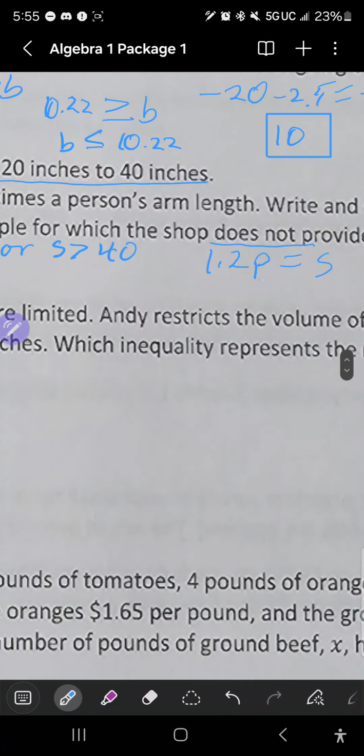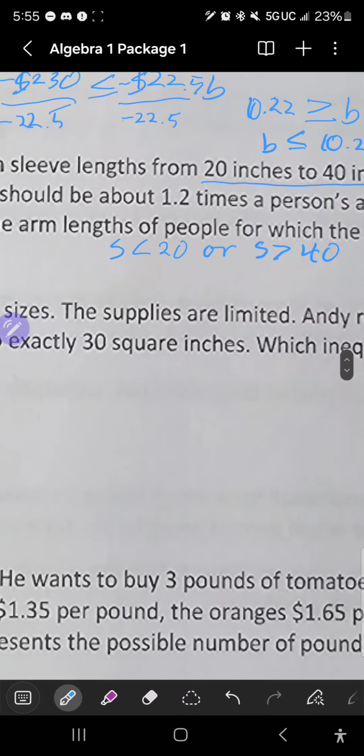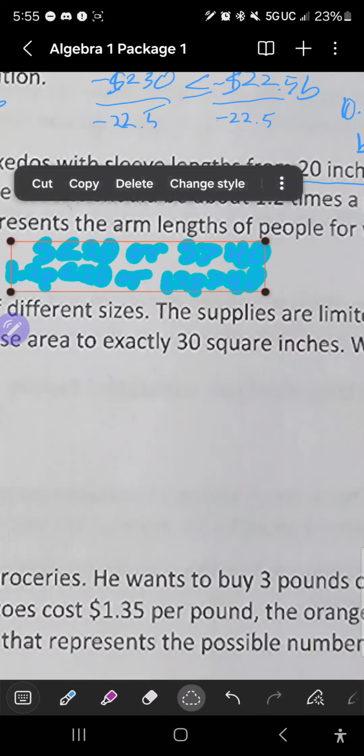So we know that 1.2p is equal to S. We substitute: 1.2p less than 20 or 1.2p greater than 40. And I'm going to move this to the side a little bit.